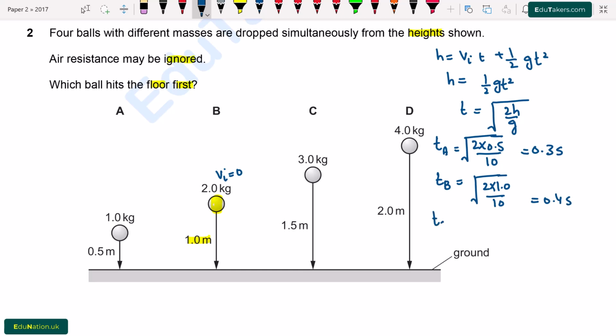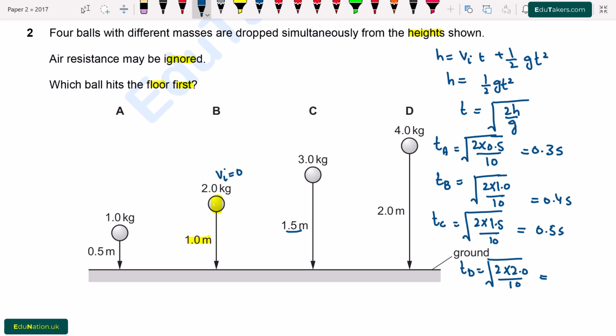For ball C, time will be square root of 2 multiplied by height, which is 1.5 meter, divided by 10. This will be equal to 0.5 seconds. For ball D, here it is square root of 2 multiplied by 2.0 divided by 10.